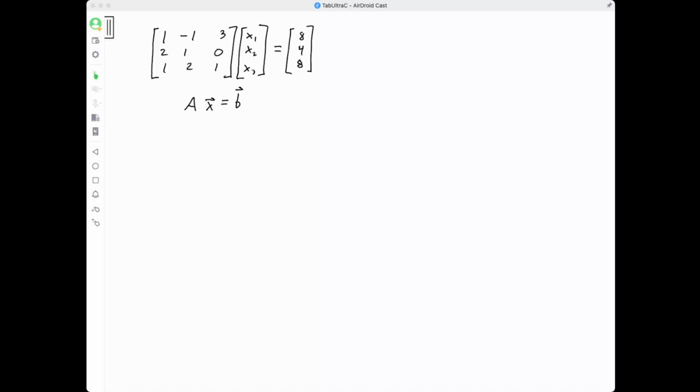Well, if we ignored the fact that we're dealing with matrices and vectors, and I just wrote this as some number a times x is equal to b, I could solve that by dividing both sides by a and get x is equal to b over a. Unfortunately, we don't have any way to divide matrices.